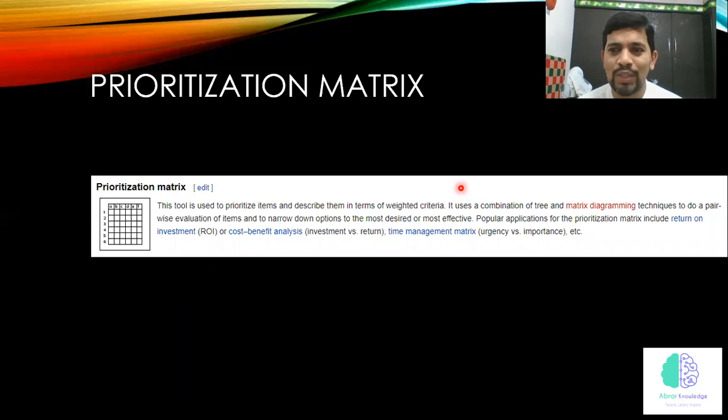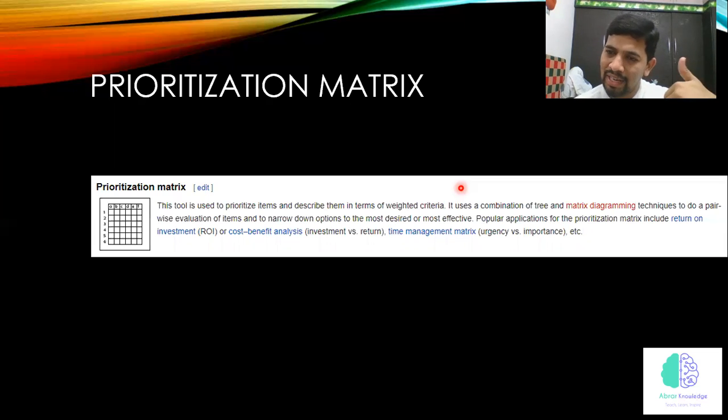Then the next one is the prioritization matrix. The prioritization matrix is a very wonderful one. You'll write down in the rows and columns, right? This tool is used to prioritize items and describe them in terms of weightage criteria. Let's say you will do a multiply, and we'll see how it is done. It uses a combination of a tree and matrix diagram.